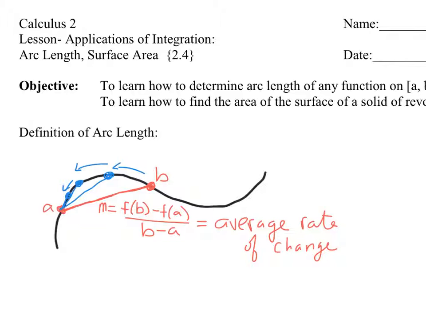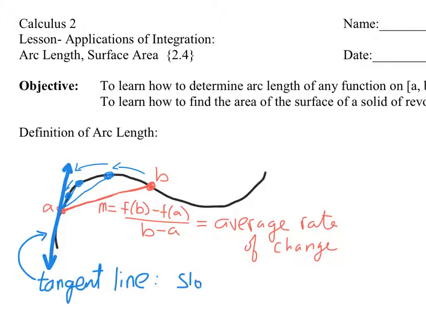Let me make that thicker. Do it that way. So it ended up looking something like this. So this is a tangent line, which we define in terms of the slope anyway.